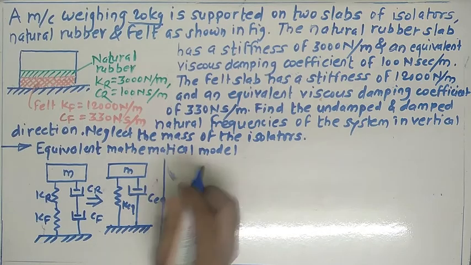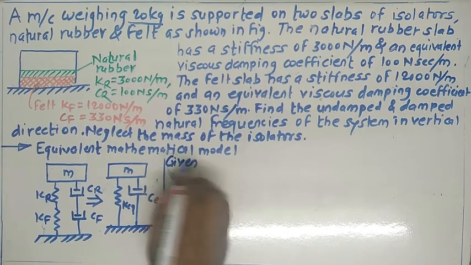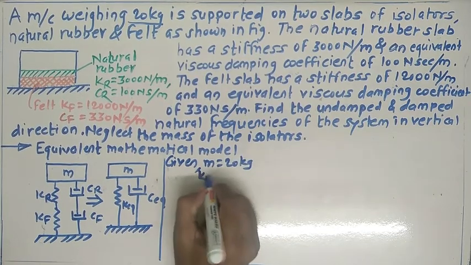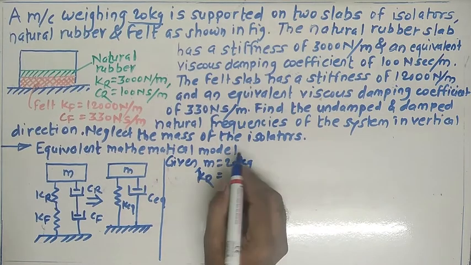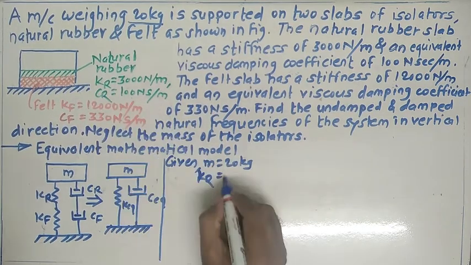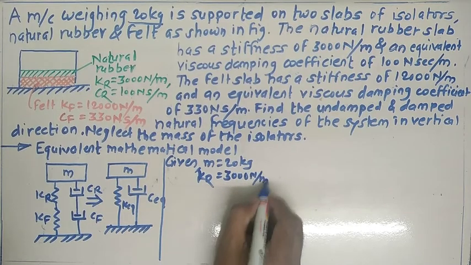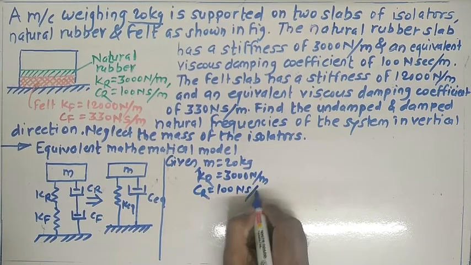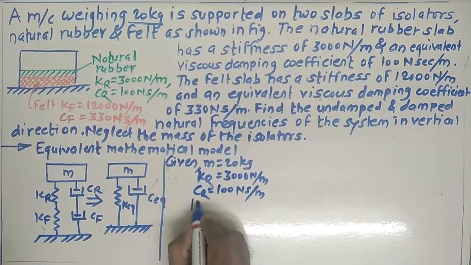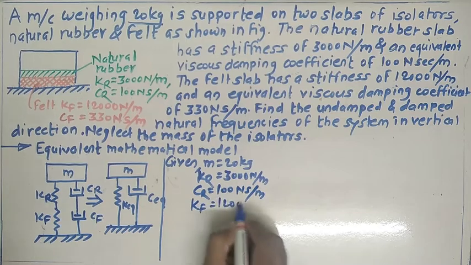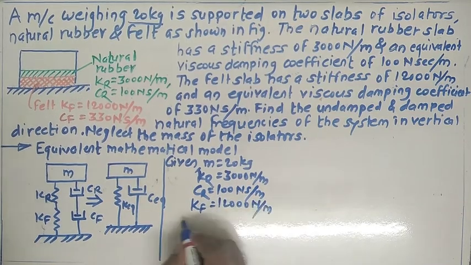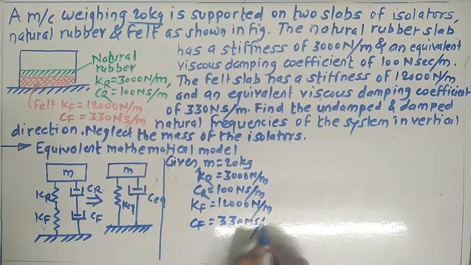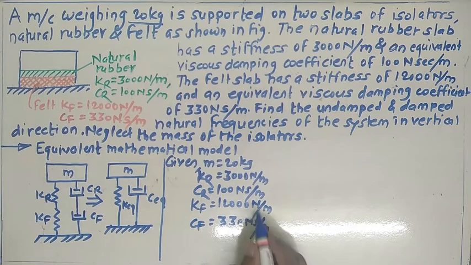The mass is 20 kilogram. kr is 3000 newton per meter. cr is 100 newton second per meter. kf is 12000 newton per meter. cf is 330 newton second per meter. In this way the data is with us.